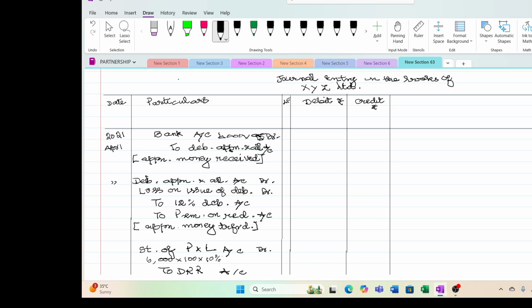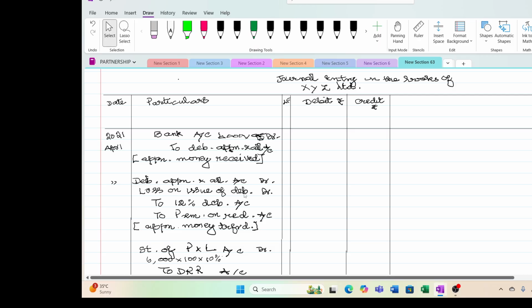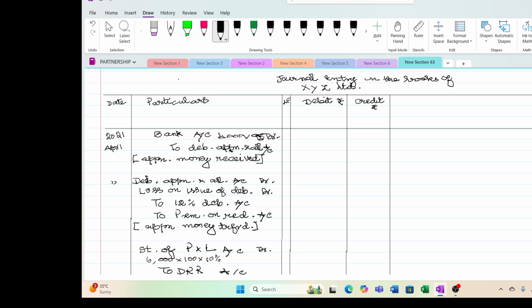Okay, I'm not able to sit comfortably, so I'm unable to write it here. Okay, so let us get into that. 5 lakh 70,000. Okay, this is the amount received on inviting the applications for debentures.